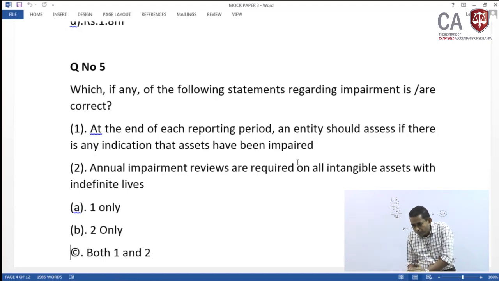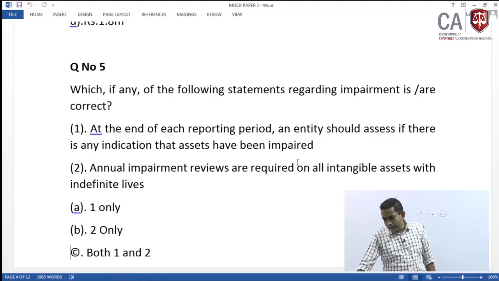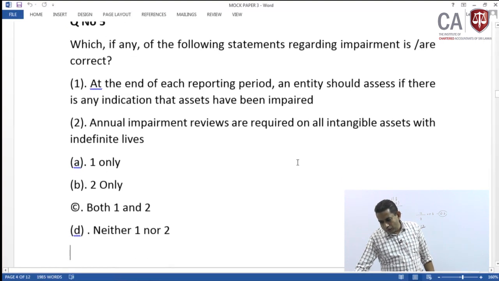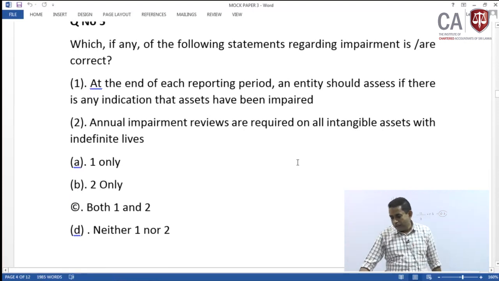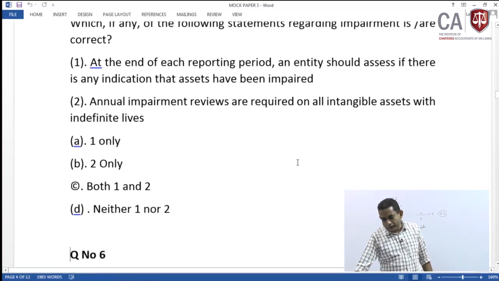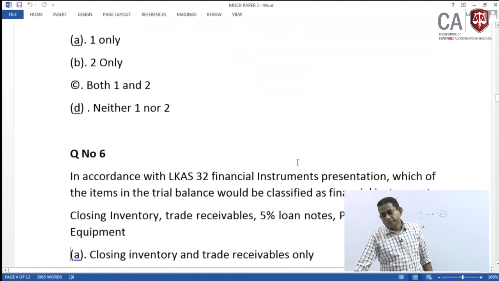Future cash flows have come down. Even the first statement is accurate. So, the answer should be first only, second only, or both 1 and 2. The correct answer should be C. First and second, both statements are accurate.